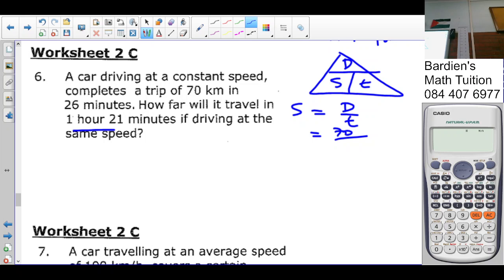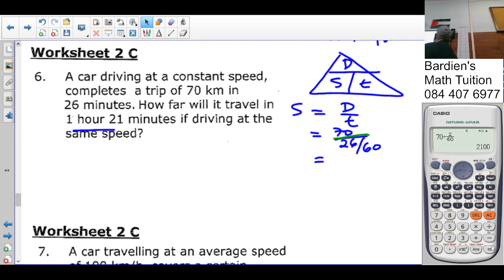But we normally work in kilometers per hour. So your time is going to be 26 over 60. Do you see that, people? So it's going to be 70 divided by 26 over 60. Why 26 over 60? Because there are 60 minutes in 1 hour.